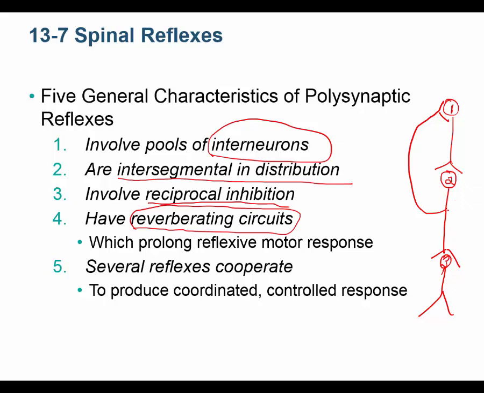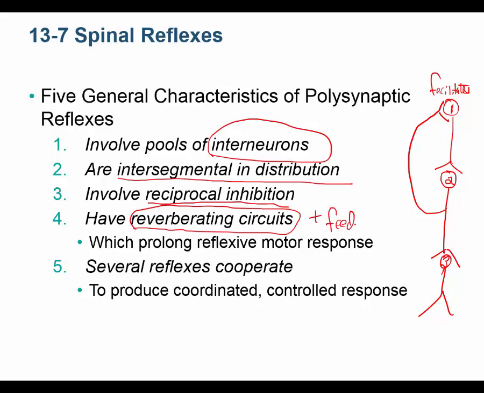A collateral axon branches and goes back and facilitates neuron number 1, which makes it fire more efficiently, which makes neuron number 2 fire more often, which makes neuron number 3 fire more often. Meanwhile, a collateral branch goes back and facilitates neuron number 1, which makes it fire even faster. So this is a reverberating positive feedback circuit.